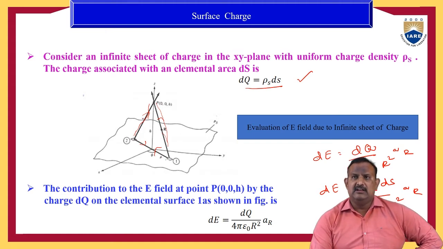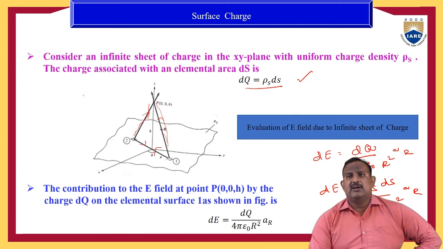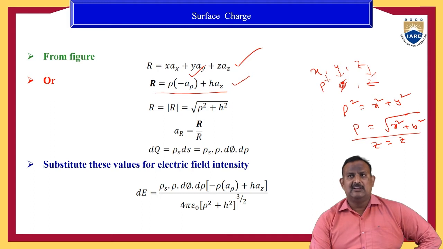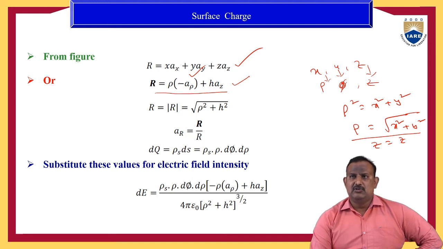Because this side is opposite to 1 and 2, we write the negative sign for that particular unit vector. Therefore, after conversion, we have r is equal to rho into minus a_rho plus h a_z.